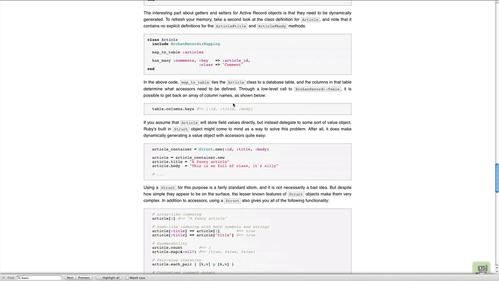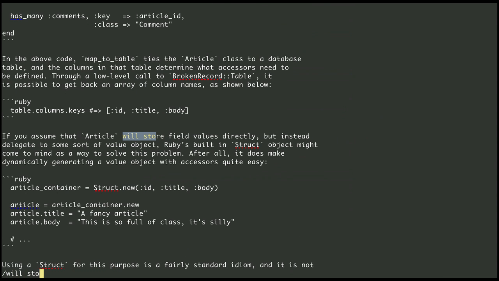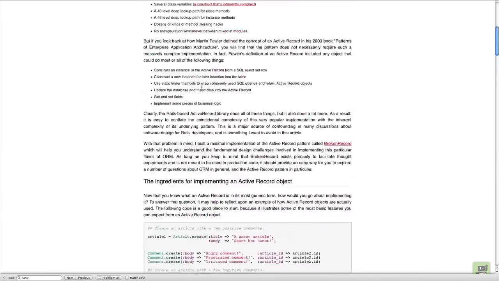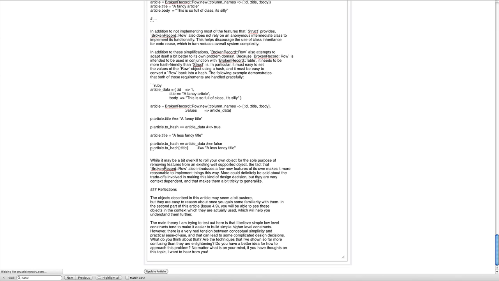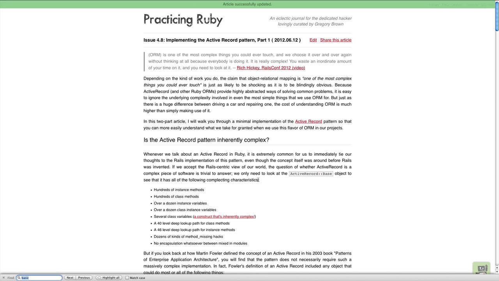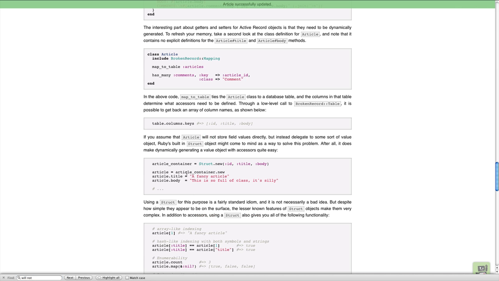Through a low-level call to the record table, it's possible to get back an array of column names as shown below. If you assume that an article will not serve field values directly, and they're instead delegated to some sort of value object, Ruby's built-in struct might come to mind as a way to solve this problem.